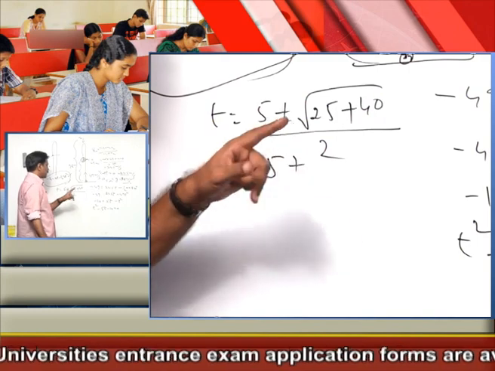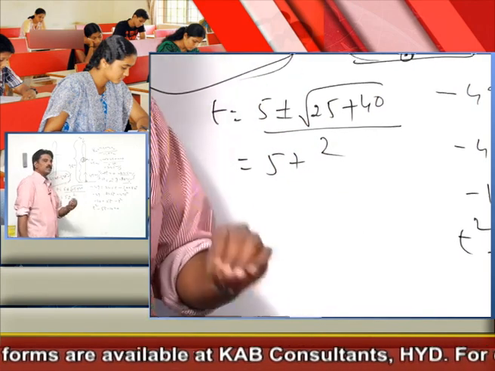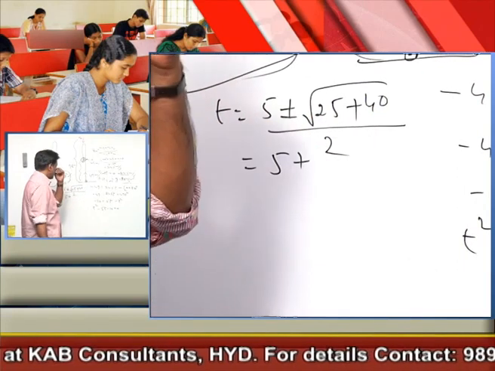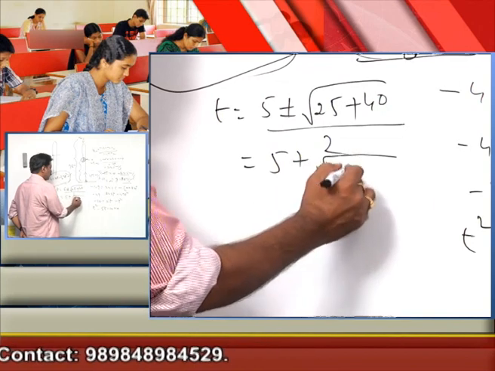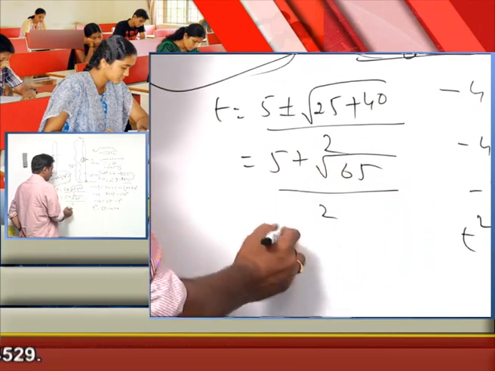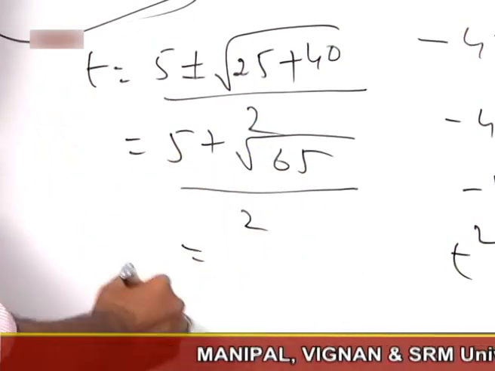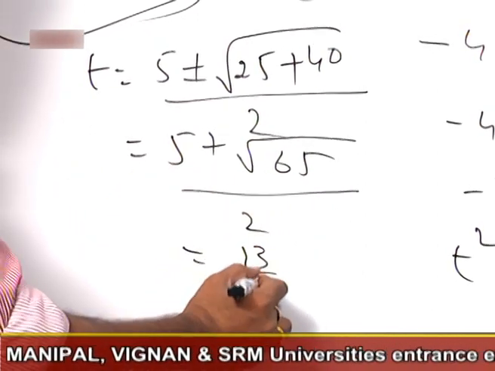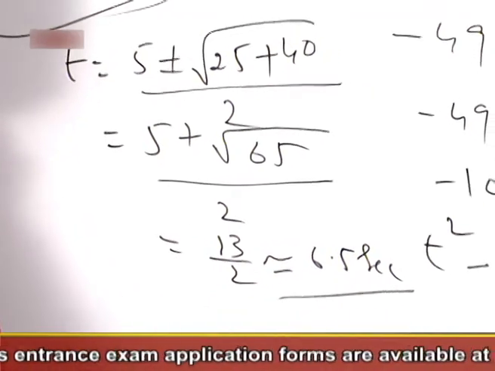If you take minus, the total answer will be negative, and time cannot be negative, so you should neglect the minus root here. Take the plus root of 65 by 2. If you approximate this to root of 64, it will be 8 plus 5, 13 by 2, so approximately 6.5 seconds is the answer.